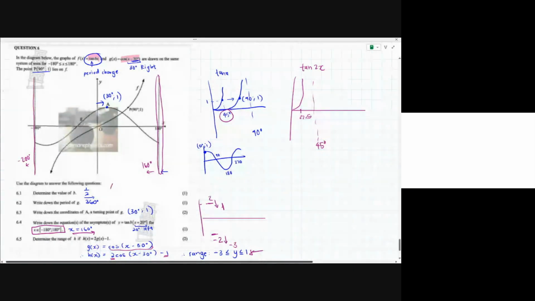If you think of how you work out period, it's your new period divided by your old period. Your new period is now at 360 degrees, whereas your old period, I've obviously mixed this up here.